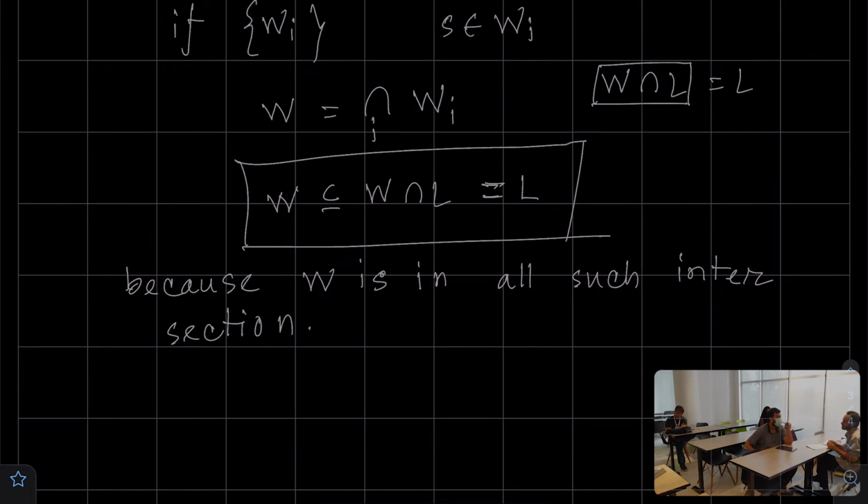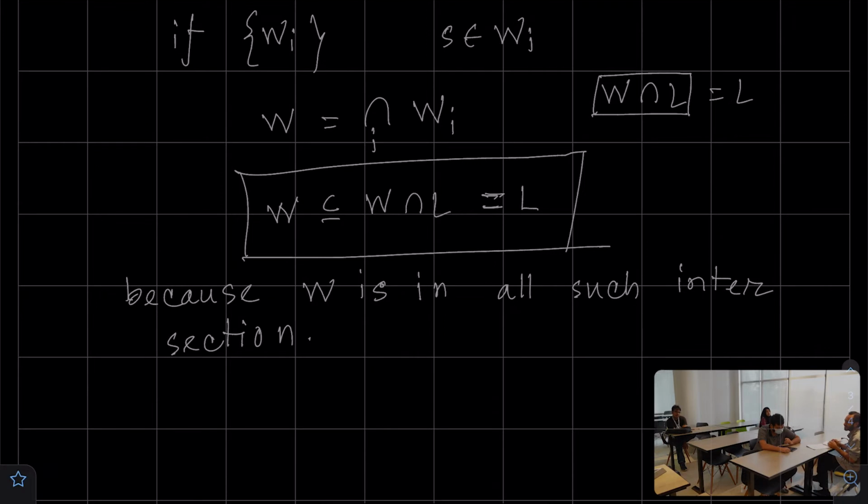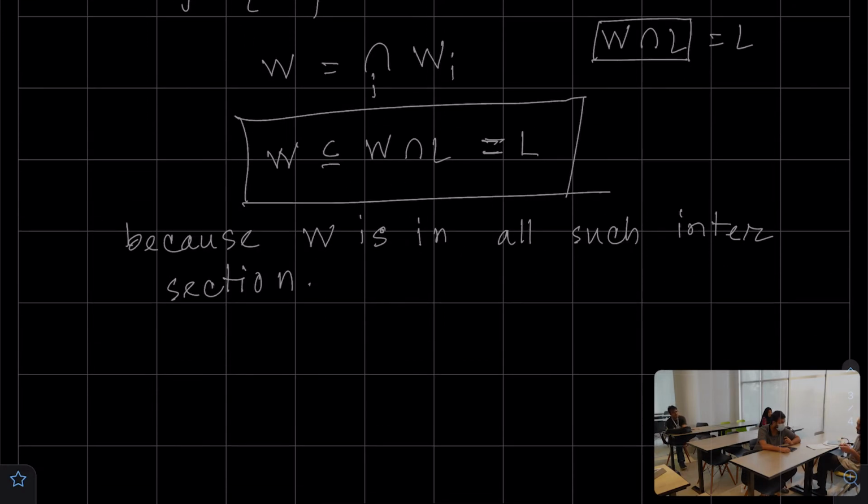I think there are two parallel arguments. You showed one inclusion. Now the other inclusion needs to be proved. This is the other inclusion, right? It comes from the argument that W is the smallest subset.